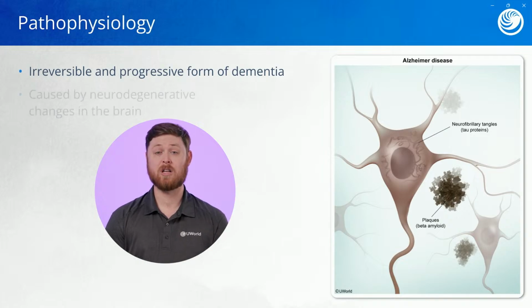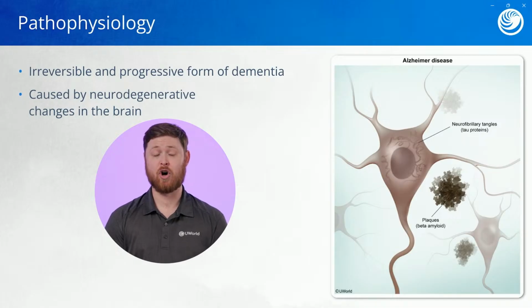Alzheimer's disease is caused by neurodegenerative changes within the brain, and these changes are brought on by an abnormal amount of protein buildup. There are two types of proteins that can cause these abnormal changes within the brain. The first is beta amyloid proteins. Now, these proteins, when they deposit within the brain tissue, normally they are eliminated by the immune response.